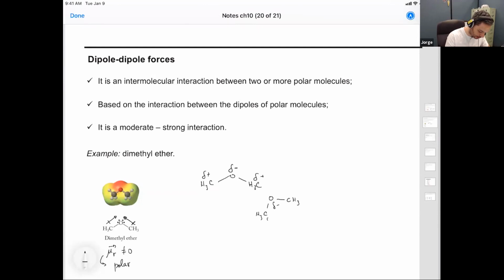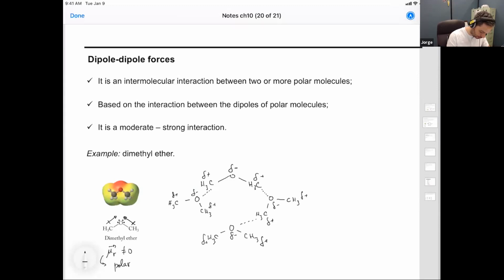So here delta minus, delta plus, and delta plus. So this will attract another molecule here. The same thing on the other side. So delta minus, delta plus, and delta plus. And here the same thing if we go to the bottom. Delta minus, delta plus, and delta plus.